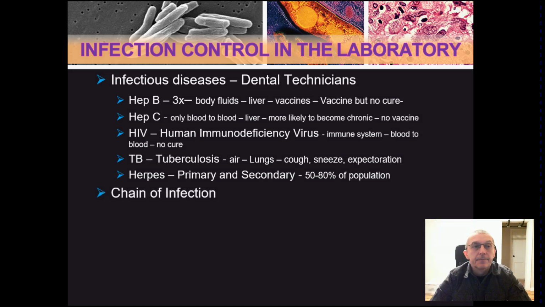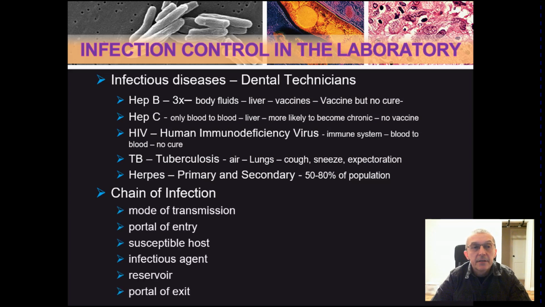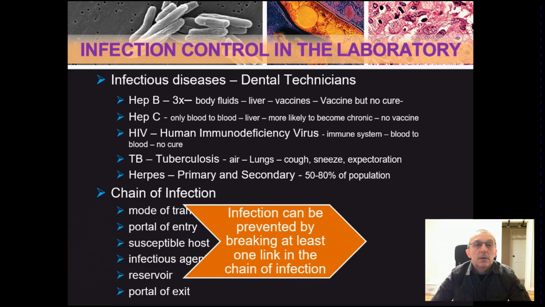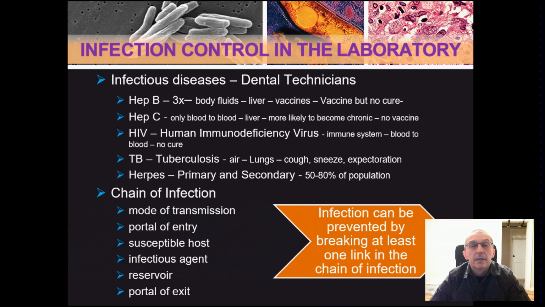Chain of infection. The chain of infection is basically the way microorganisms get into the body. So this is the chain of infection: mode of transmission, portal of entry, susceptible host, infectious agent, reservoir, and portal of exit. The important thing is that if we prevent just one of these, we can stop the chain.